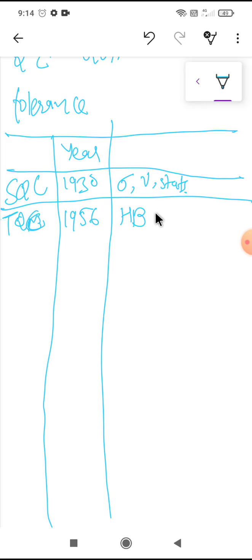So for example, accounting, design, finance, human resources, marketing, purchasing and sales. So various departments were introduced. If these departments are not there, then the quality can be reduced.